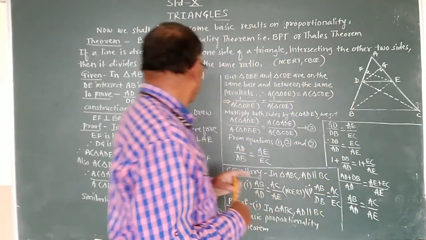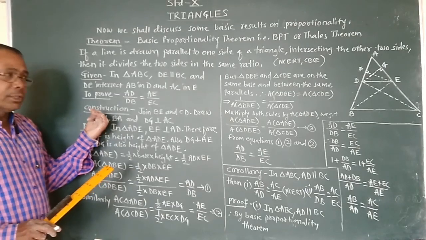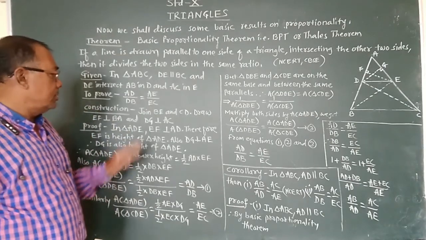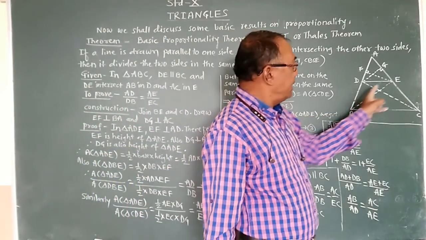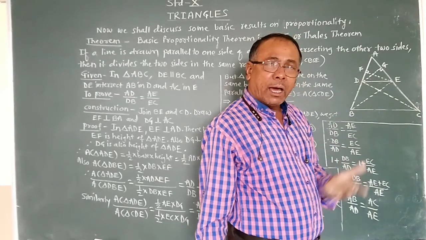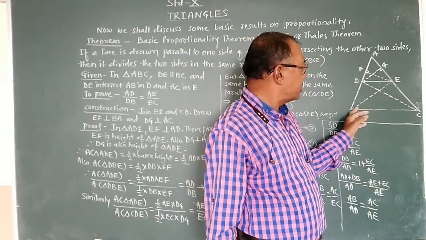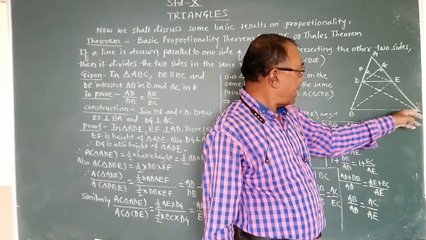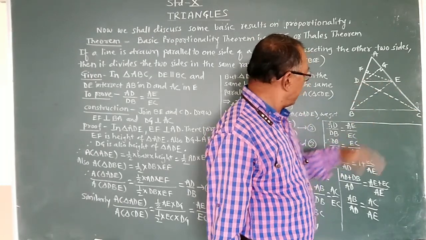Understand? So construction is there. What is the construction? Join BE and CD. Here BE and CD are the construction; you have drawn segments BE and CD here.